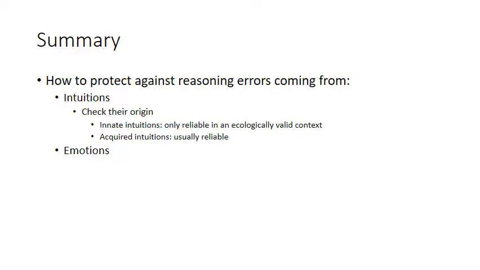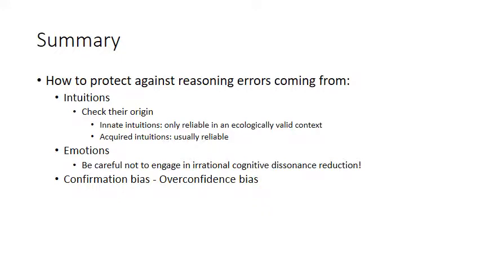Then how do we protect against reasoning errors coming from our emotions? Well, first of all, we must be aware of the fact that emotions distort our thinking. They can determine which information we take on board, in-group, out-group bias.